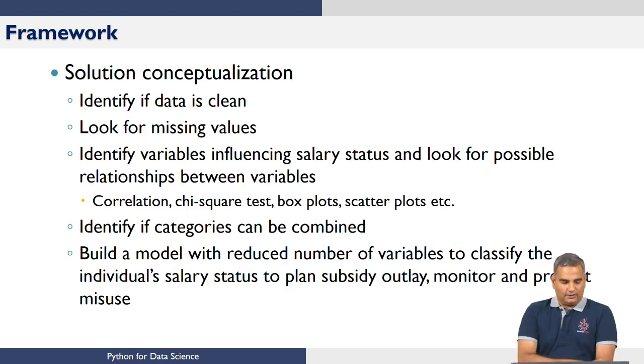So, this is what we will do in terms of the steps, and you will see Python code and Python exercises which do each one of these steps, and you will be taught this based on the other things that you have been taught in Python. The first step is to identify if data is clean.